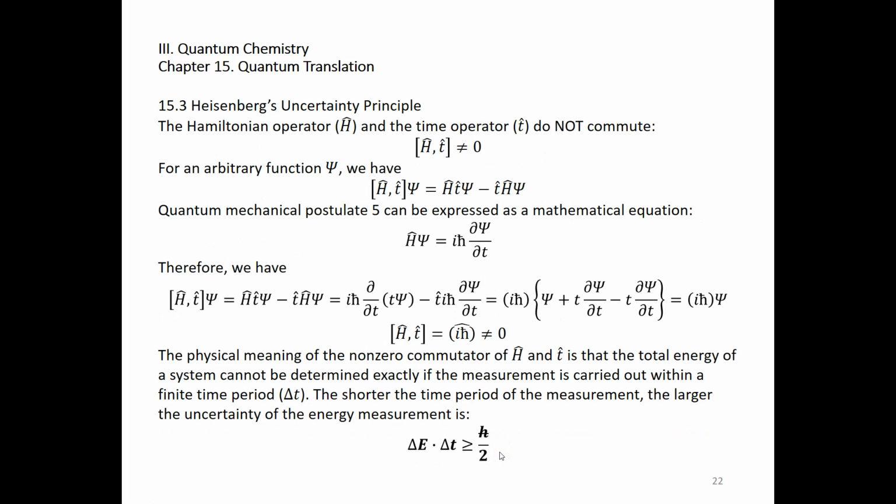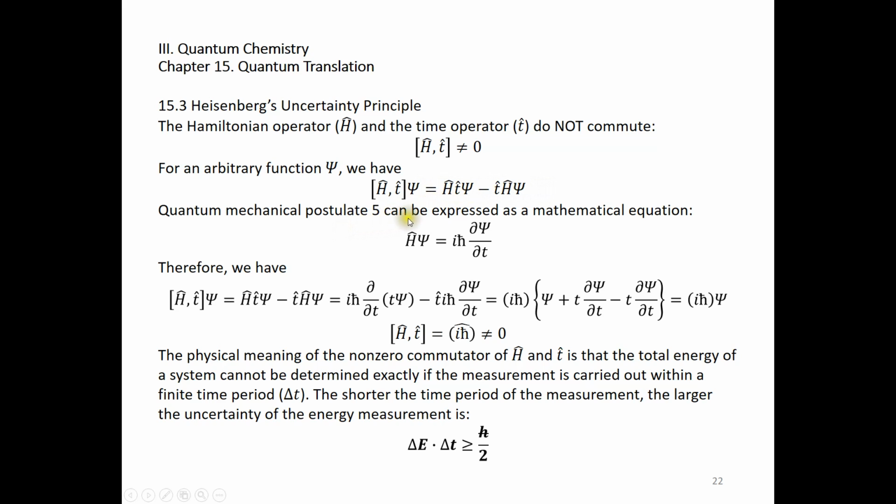The Hamiltonian operator and the time operator do not commute either. So this is the commutator, it's non-zero. Now let's verify it. For an arbitrary function psi, we can write out the commutator applied to psi is equal to H t psi minus t H psi. We just apply these two operators to psi in a different order.